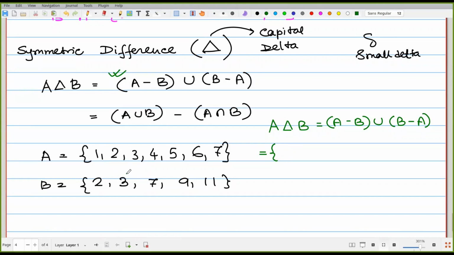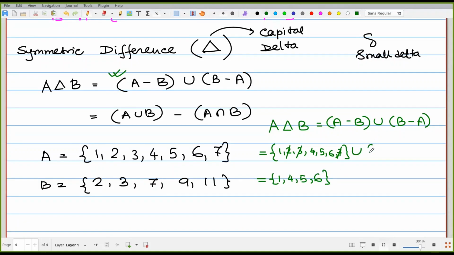Remove from A all the elements that are also present in B. So 9, 11 are not in A anyway. I write 1, 2, 3, 4, 5, 6, 7, all the elements from set A. 9, 11 are not there, but 2, 3, 7 are present. So A minus B means 1, 4, 5, 6.